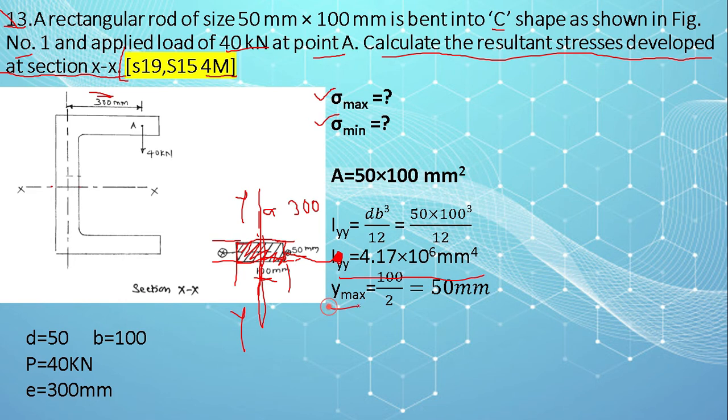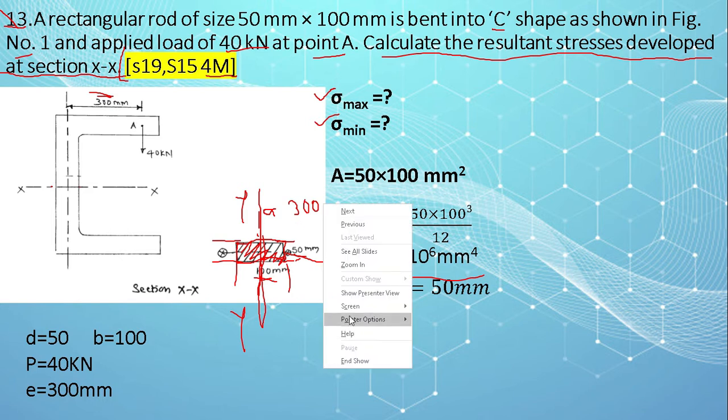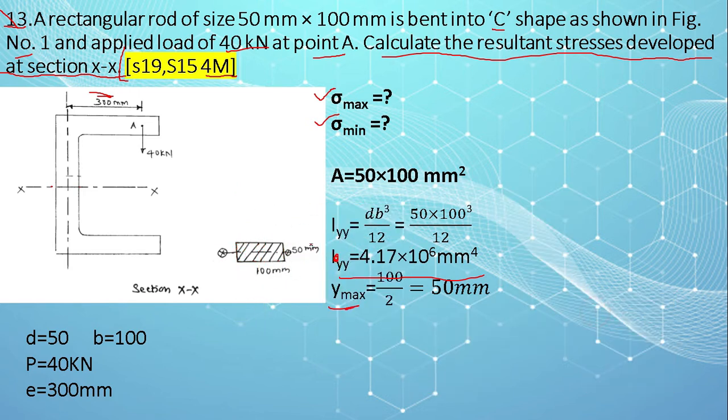Now Ymax means distance of extreme fiber from neutral axis or axis of column. So here these two are extreme fibers and the axis is at the middle of this section.